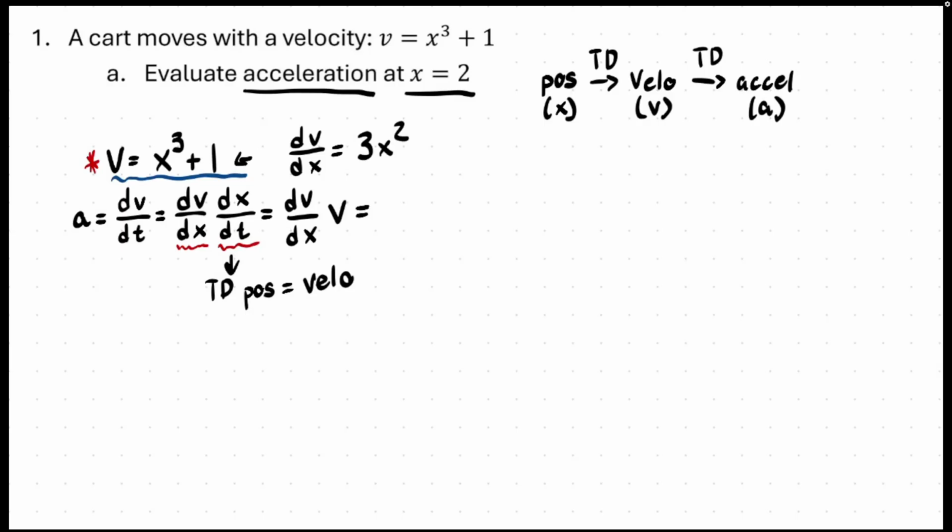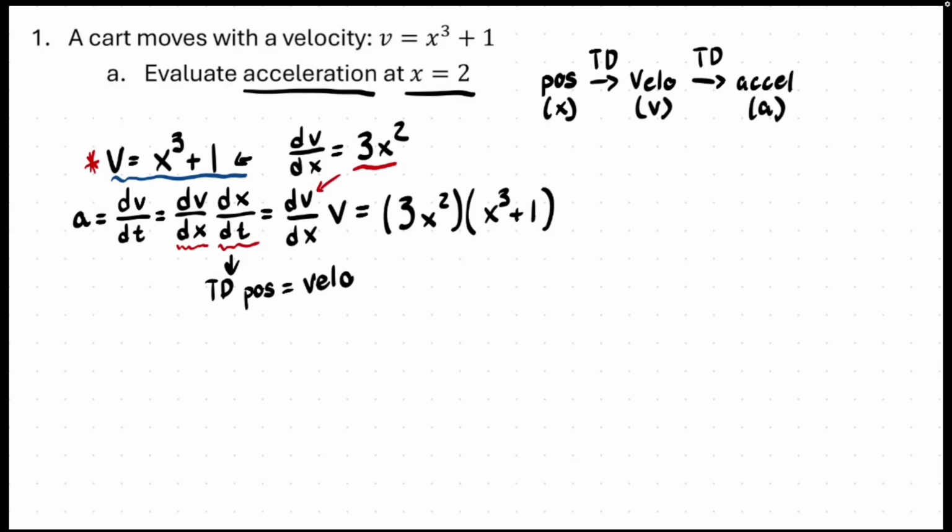Now we can plug this value and the function that we started with into our v spot. So the acceleration is equal to 3x squared times our velocity function, x cubed plus 1.